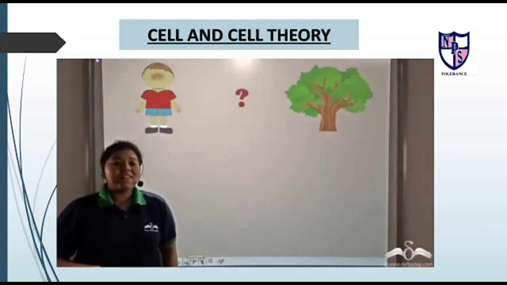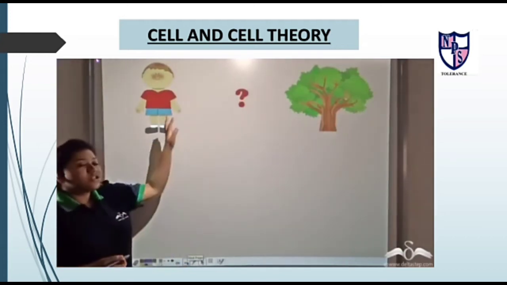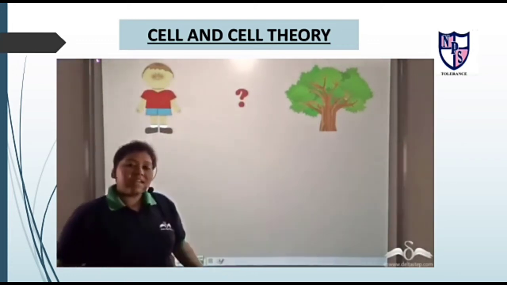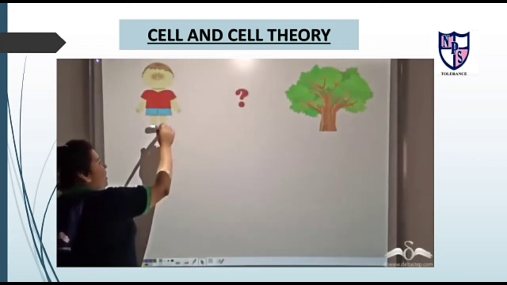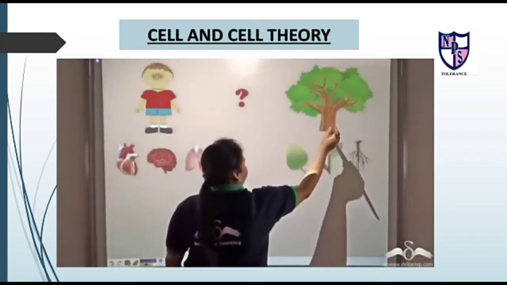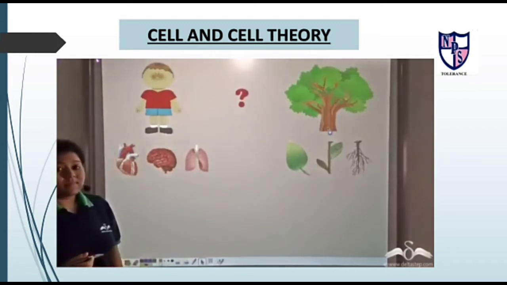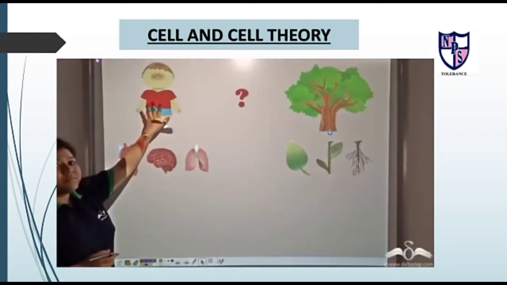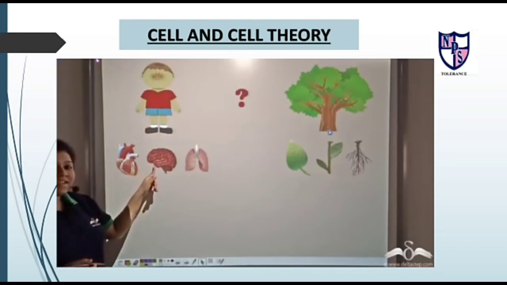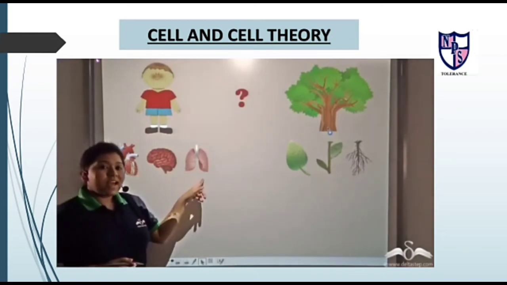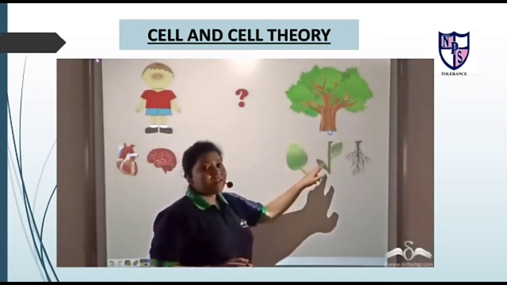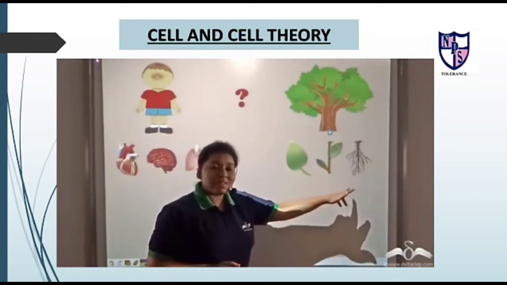Similarly, all living organisms, be it human beings, animals, or plants, are made up of various organs like these. Human beings have organs such as the heart, brain, and lungs, and plants have organs such as the leaf, the stem, and the roots.